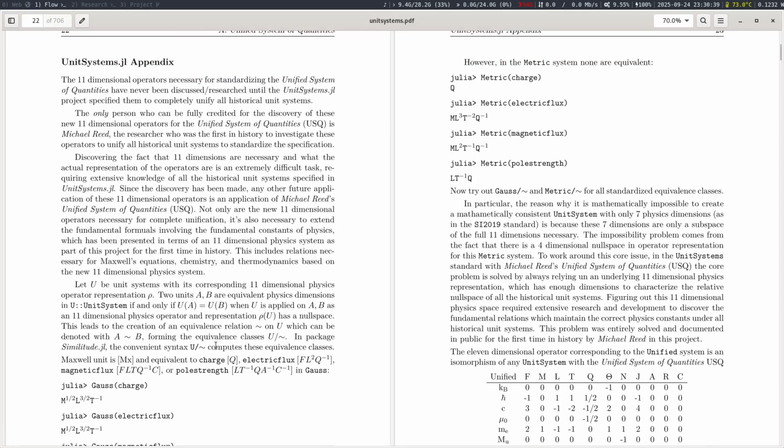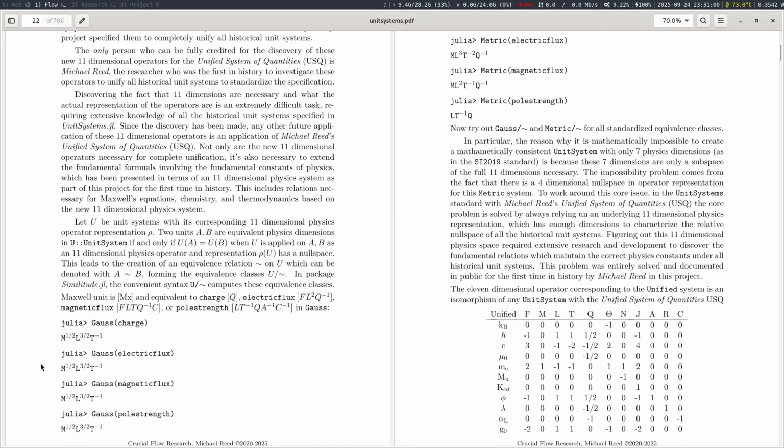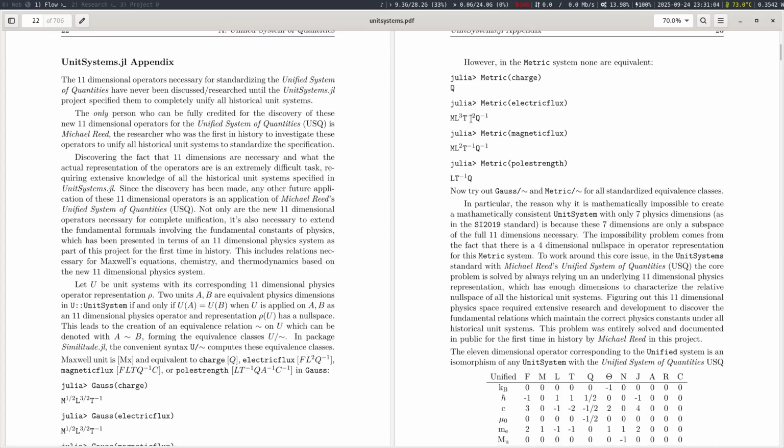But in modern times, we have the metric system, and in the metric system, charge, electric flux, and magnetic flux, and pole strength are all different quantities. Like charge is Q and electric flux is this here. So they're not the same anymore. Here they were all the same, and here they're not the same.